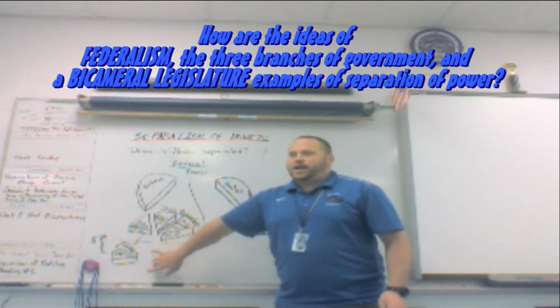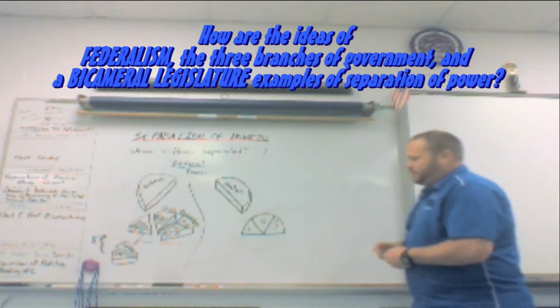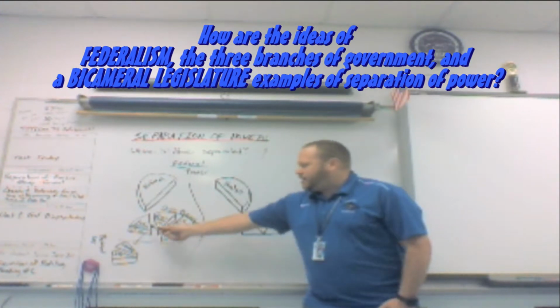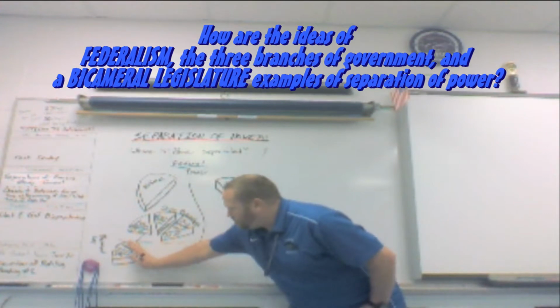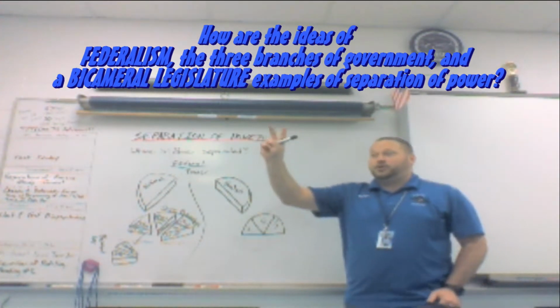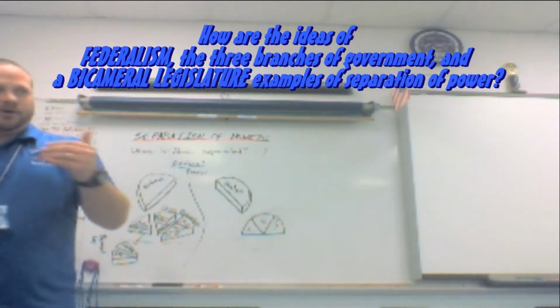All right, now what has to happen for anything to be turned into a law? They make the law, right? So what has to happen at this level with these two pieces of the pie before it makes it anywhere else? Yeah, they both have to agree. And they both have to pass, and we'll get into the lawmaking process down the road.